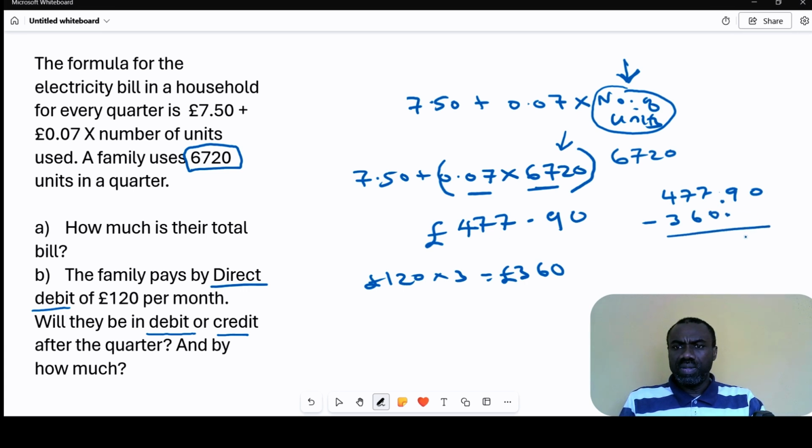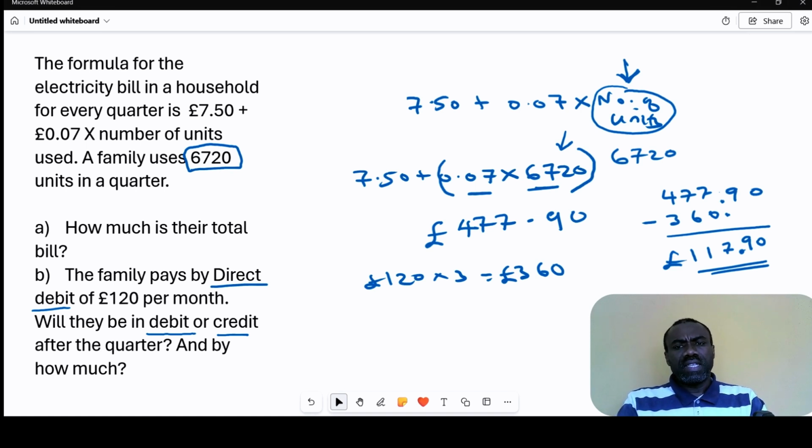Here we get 0.90 and here we get 117. So the family actually still have an amount of 117.90 pounds to pay.